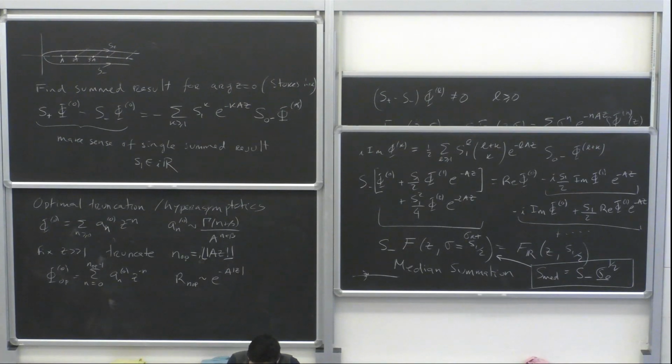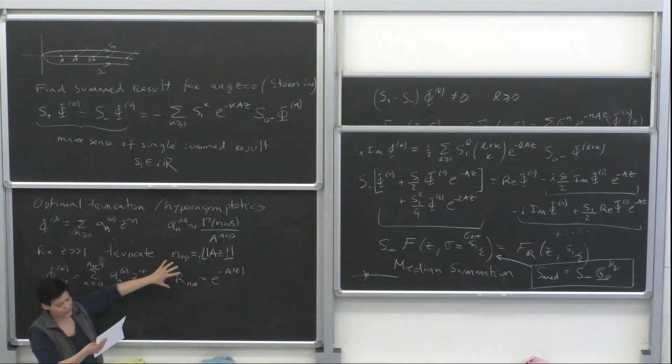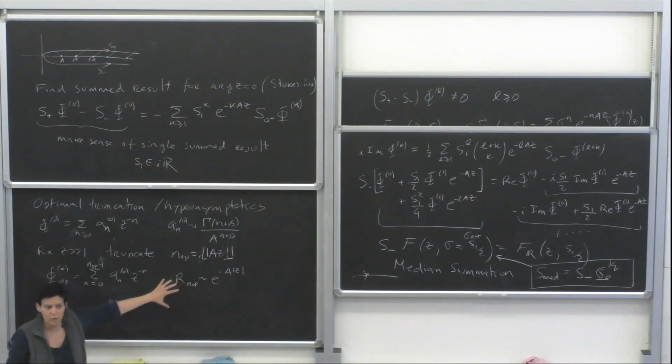So what we do is then hyperasymptotics. This was constructed. Again, it can be proven by analyzing the remainder. There are some integral equations for the remainder.